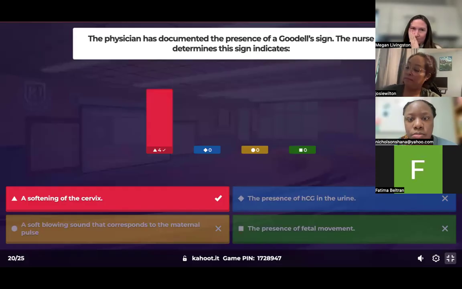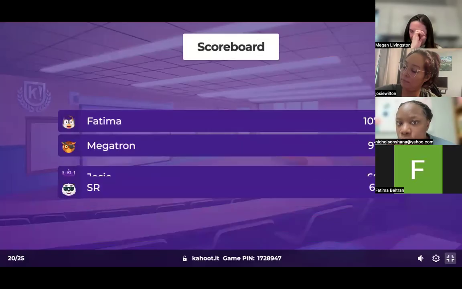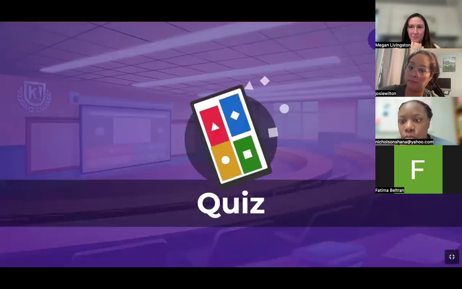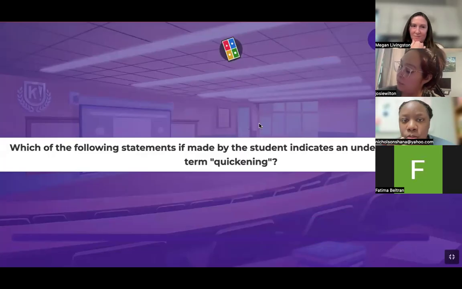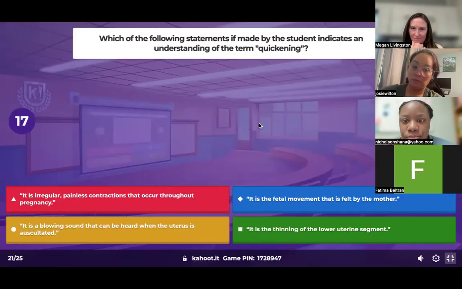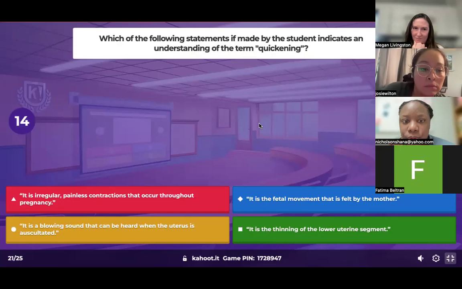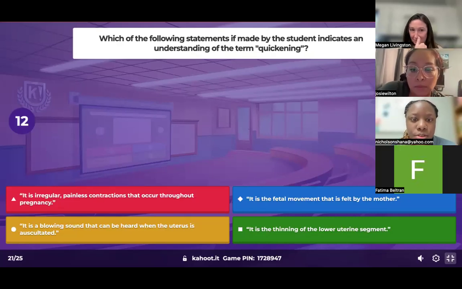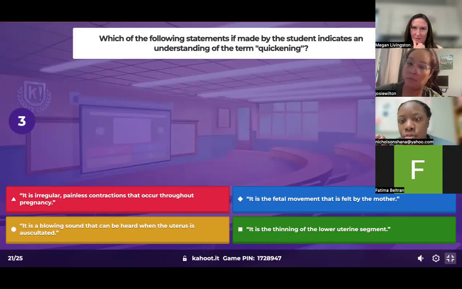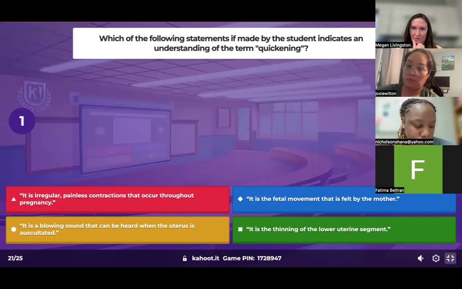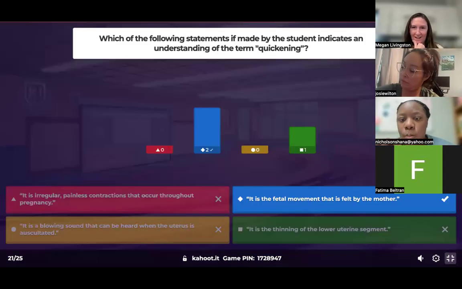A softening of the cervix. Great job. Good job, guys. Fetal movement that is felt by mom.